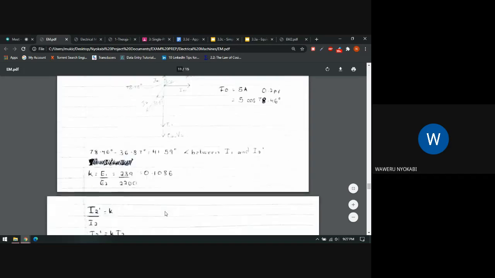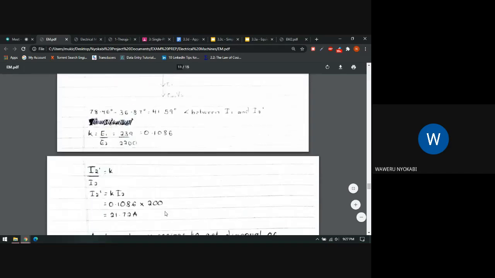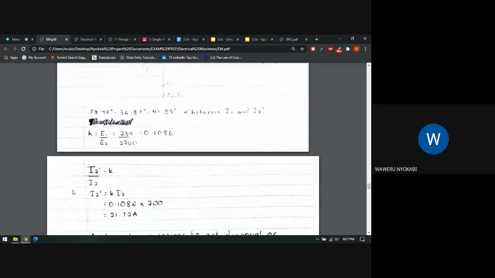0.1086. And then remember, it's usually E2 over E1 is equal to the turns ratio, N2 over N1 is equal to the turns ratio, and I1 over I2, which equals the turns ratio, K. But in this case, now I have to take you through the derivation.